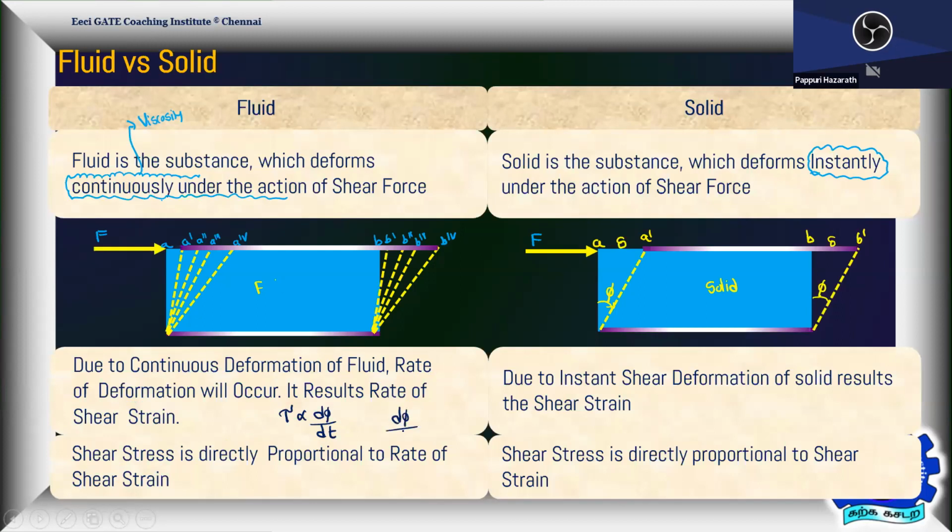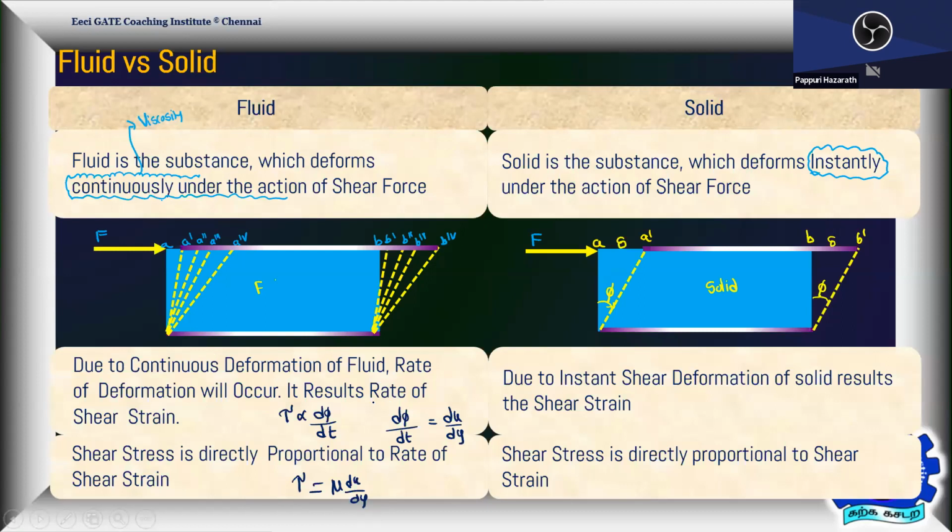Rate of shear strain becomes equal to velocity gradient. Tau equals mu into du by dy. Understood? This is Newton's law of viscosity.